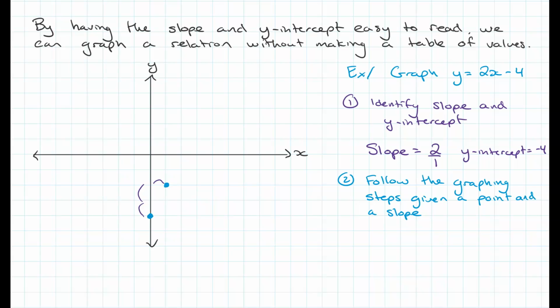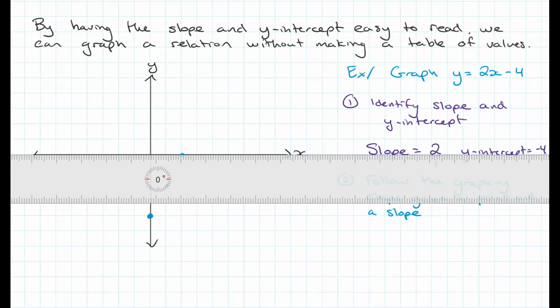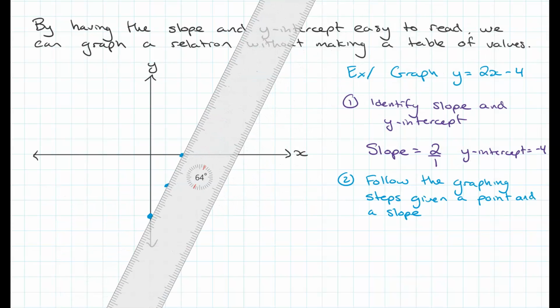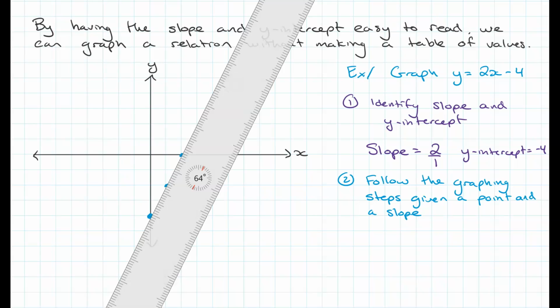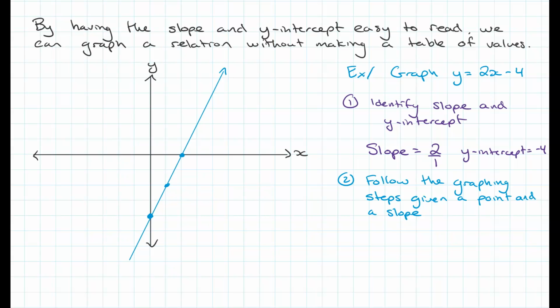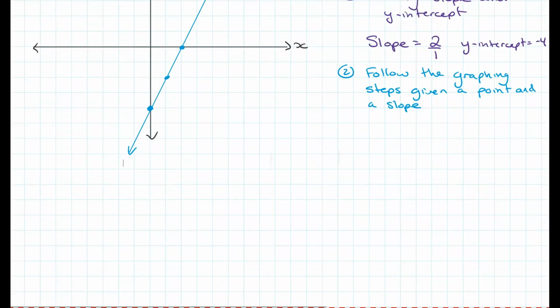And repeat from that dot up 2 over 1, get my next dot, and I'm going to erase all my little bouncing lines here because I don't need them. Once I have 3 dots, I'm going to grab my ruler and I'm going to connect these dots to make sure they are all in a straight line. That's great. And I've graphed it without having to make a table of values at all.